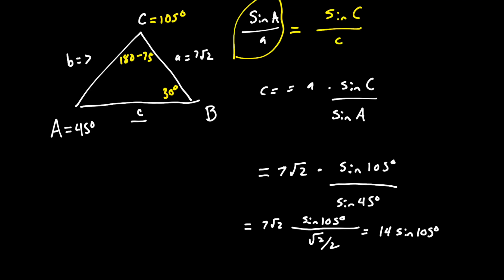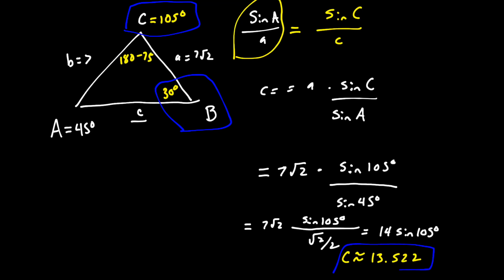Plugging this into a calculator, we see that c is approximately equal to 13.522. So we found our angle B, we found our angle C, and we found our side c, which means that there exists only one triangle that meets the initial conditions.